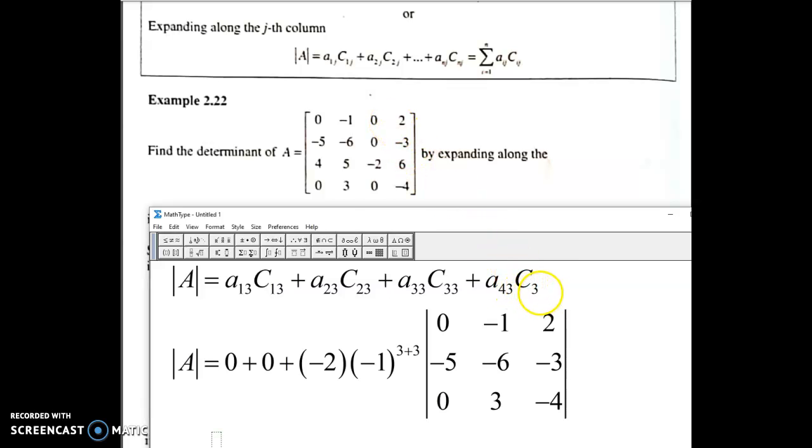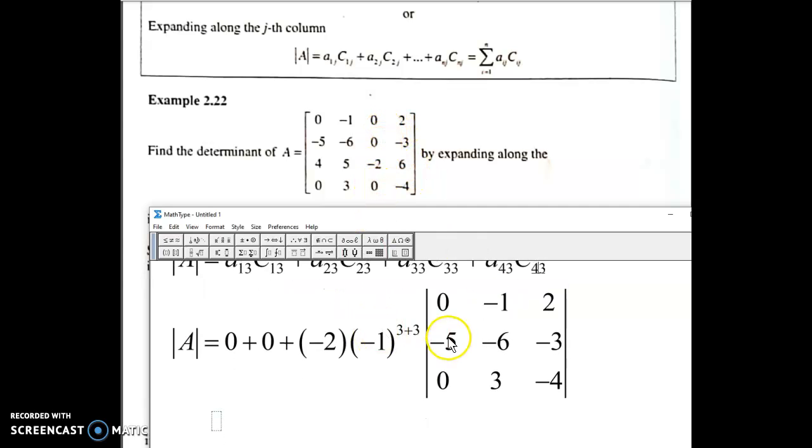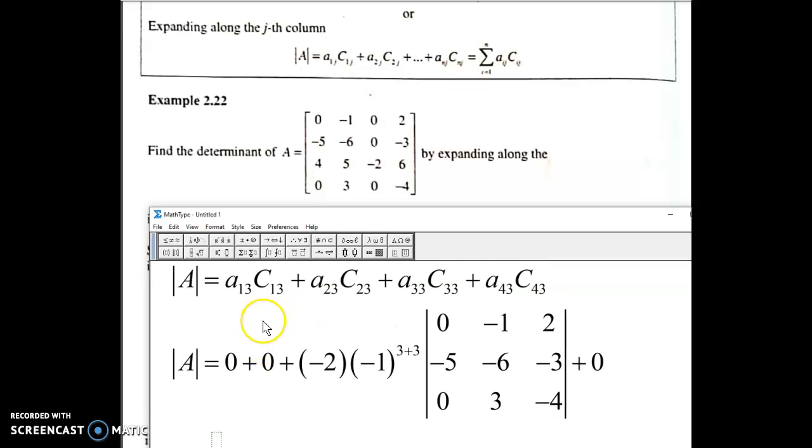Again, we know that A13, A23 and A43 are all 0, so we don't need to calculate their cofactors. So for A13 C13 I just put 0, A23 C23 I'll also put 0, and for A33 we have -2 here, so I input the formula.